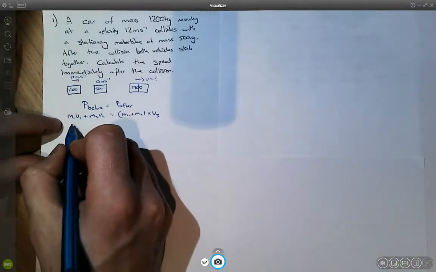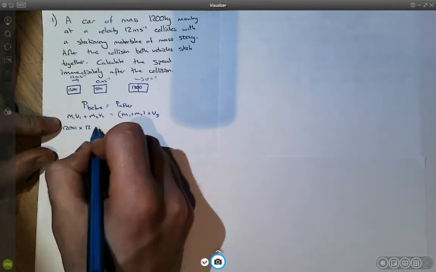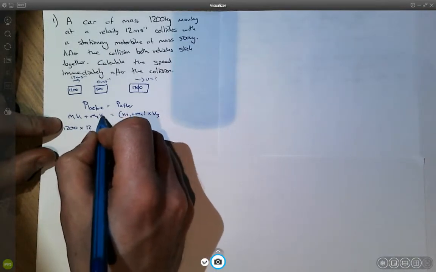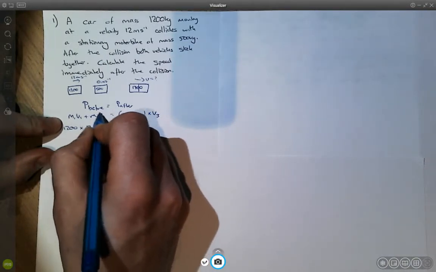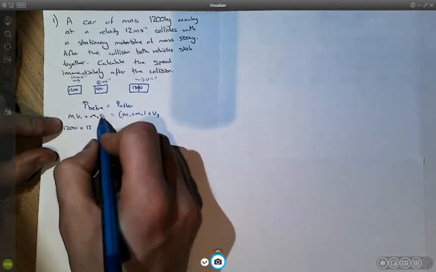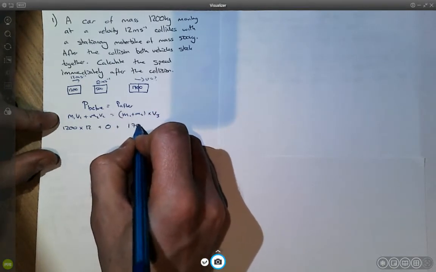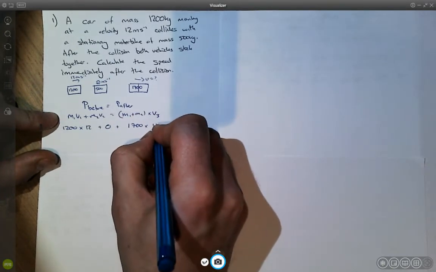So mass 1 is going to be 1200 times velocity 1, which is 12, plus, well, we could calculate this, but we know it's 0 because this is 0. So plus 0, the combined mass, which is going to be 1700 times the final velocity.